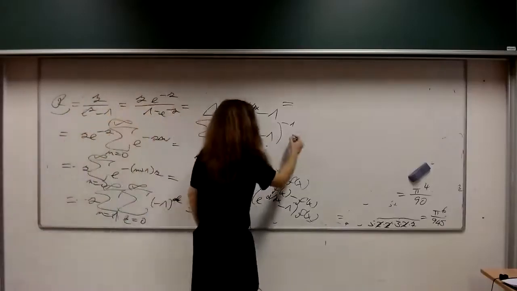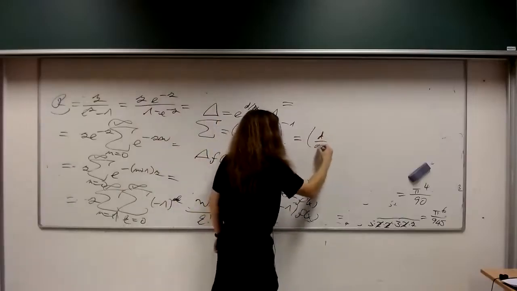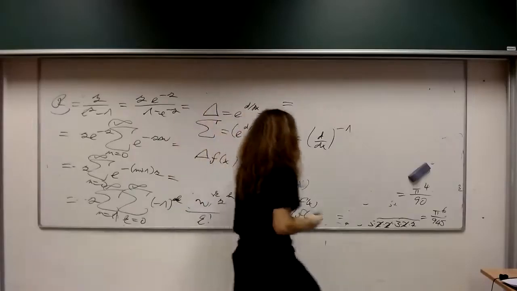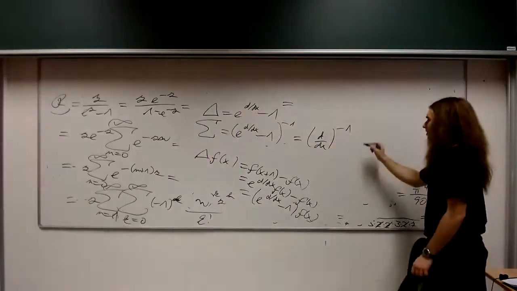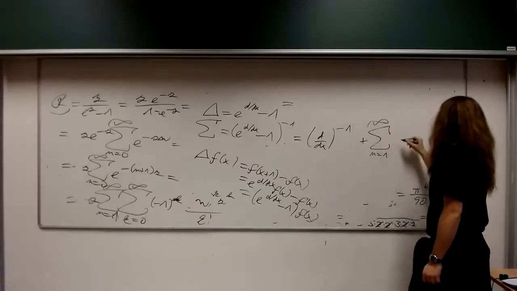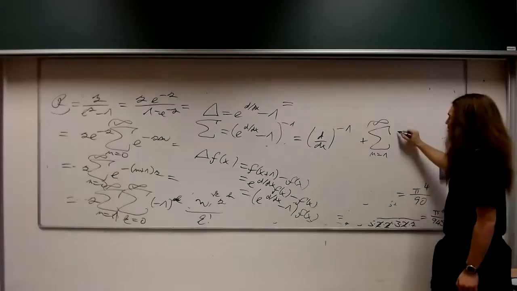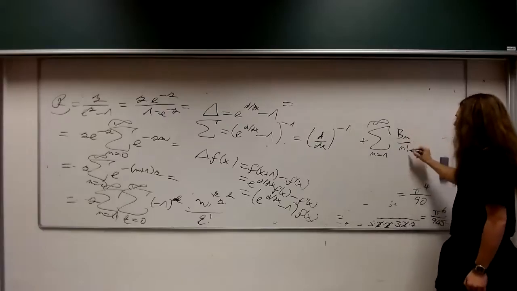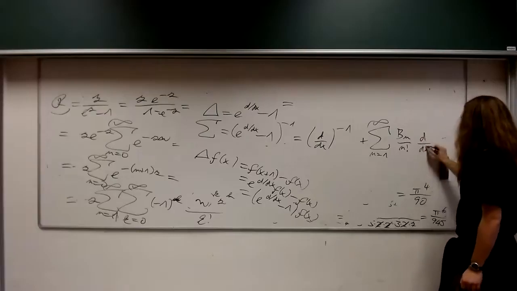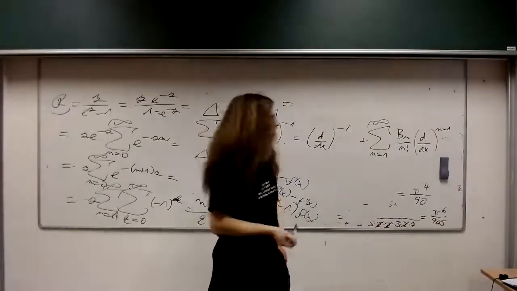So this is, in fact, 1 over z. Let's write it like this. And then what's there is the sum from n to infinity of B_n over n factorial and (d/dx) to the n minus 1, because we divided by that z.